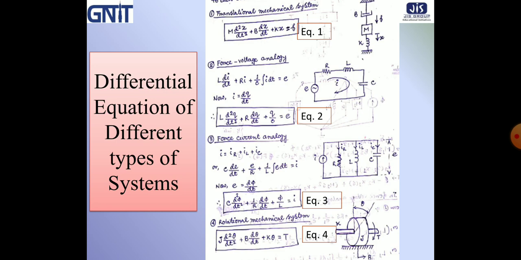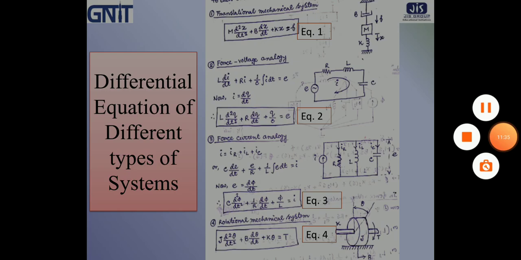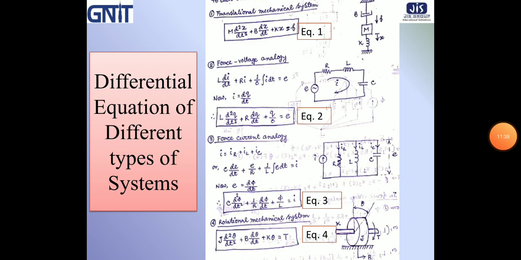Now moving to our fourth topic, that is rotational mechanical system. We already saw how a rotational mechanical system works in our previous lectures. Now what is a rotational mechanical system? In a rotational mechanical system, the rotation or the movement of the body takes place about an axis.